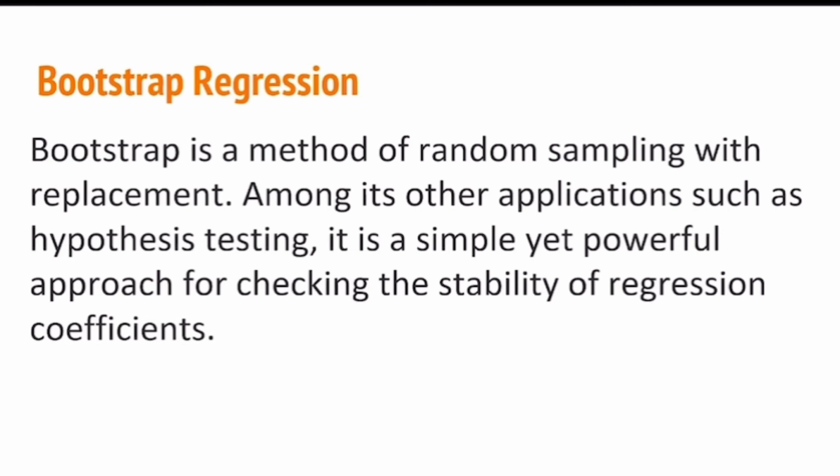Of course, before now, I've walked everyone through another technique that can be used that we call the weighted least squared when I was discussing stabilizing the variance. Okay, so the bootstrap regression is just a method of random sampling with replacement.